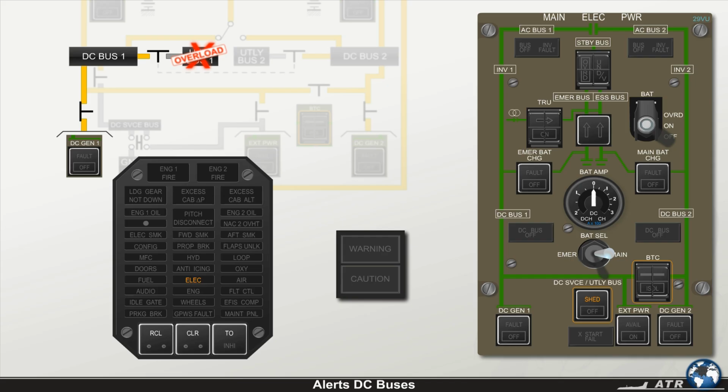The master caution light flashes amber, a single chime is generated, and the amber electric on the CAP leads your attention to the electrical system. Detailed fault identification is provided by the amber shed local alert on the DC service utility bus push button.